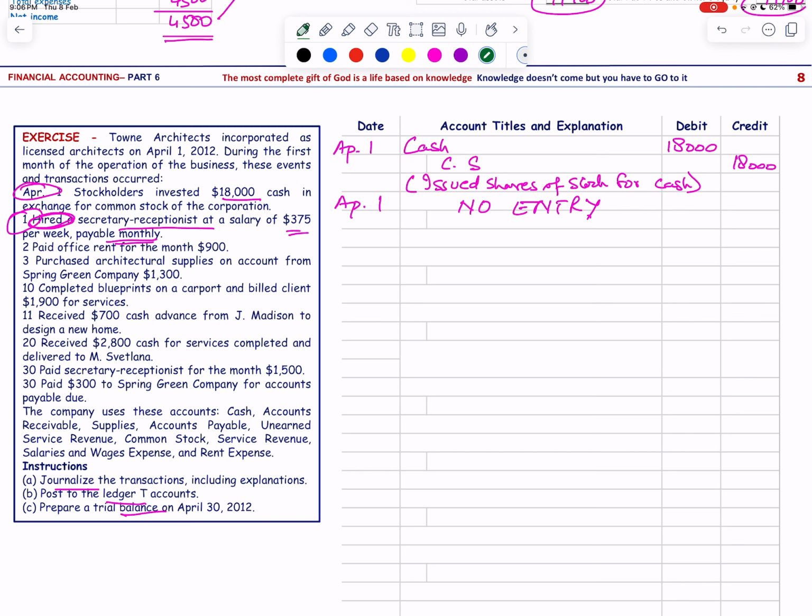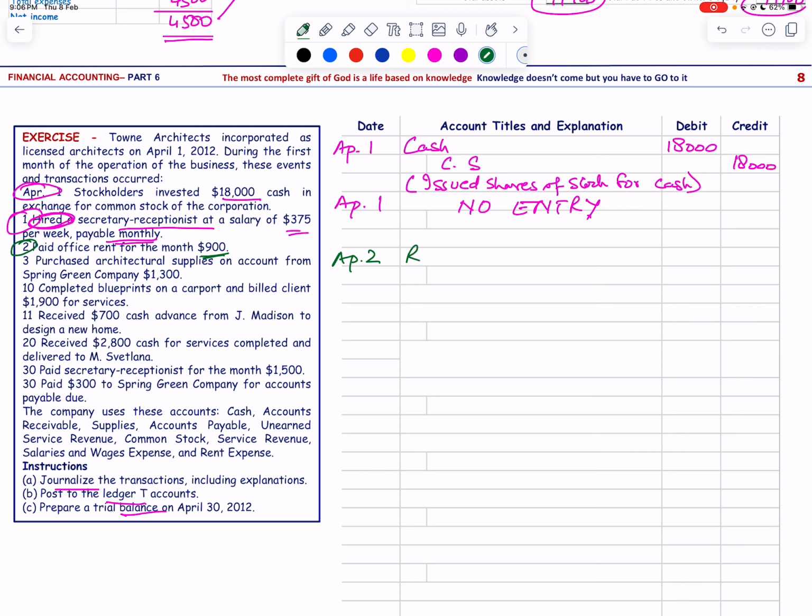Okay, we go to April 2. Paid office rent for 900. So rent expense is debit for 900 and, sorry, it should be April 2.